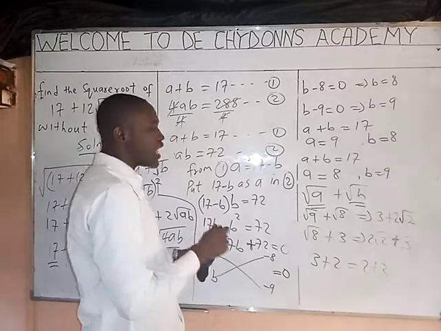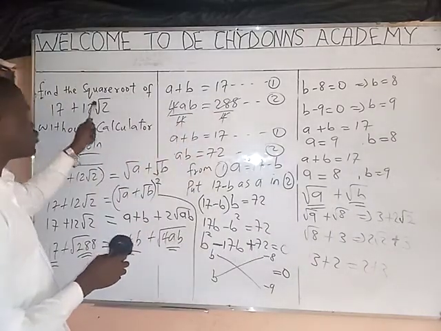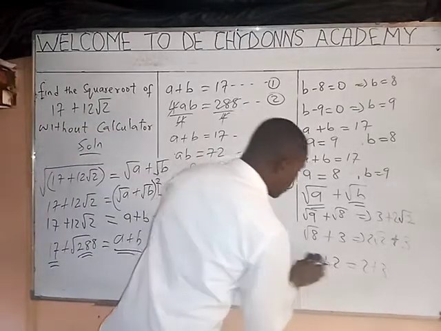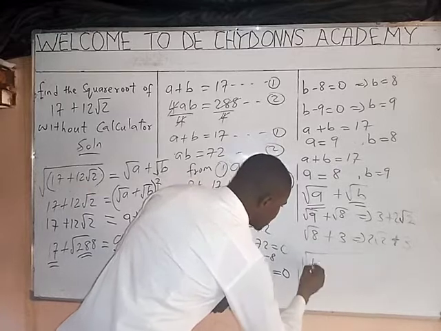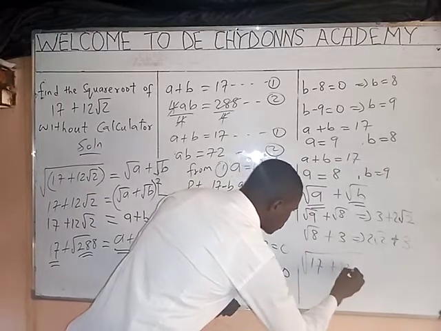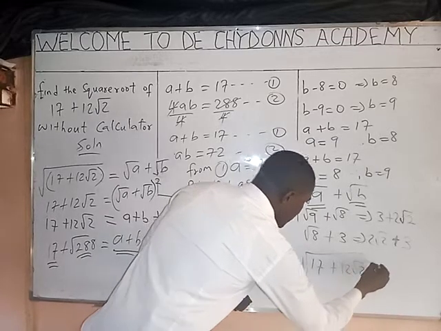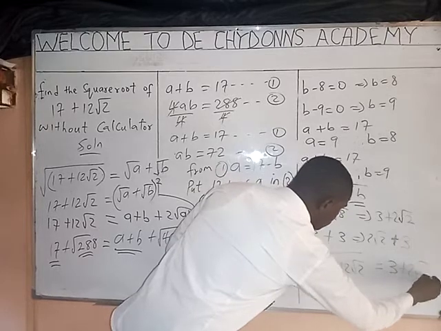So that tells you that square root of 17 plus 12 surd 2 is equal to 3 plus 2 surd 2.